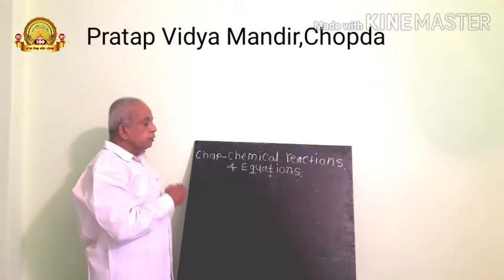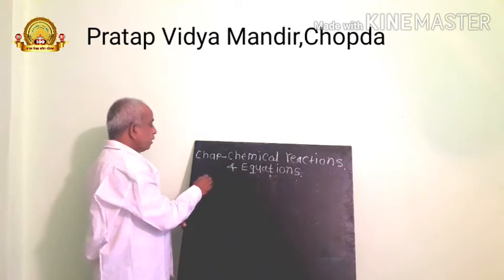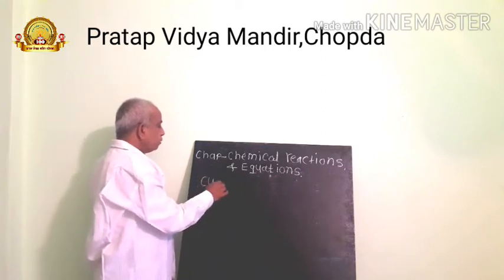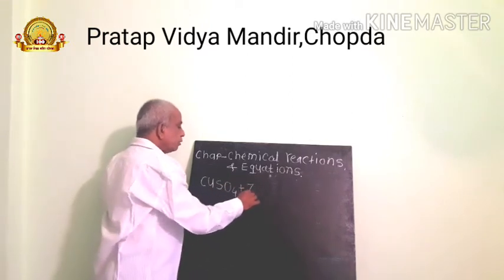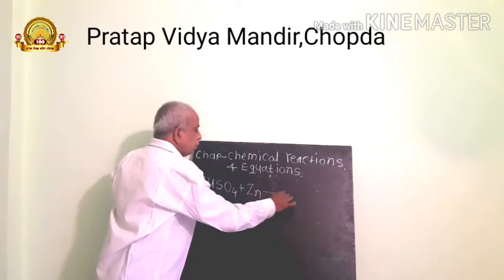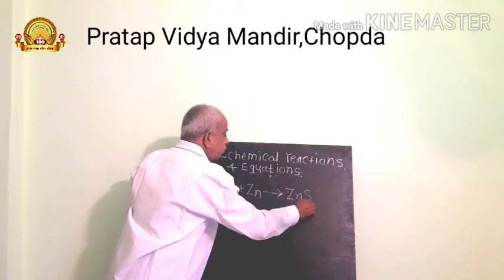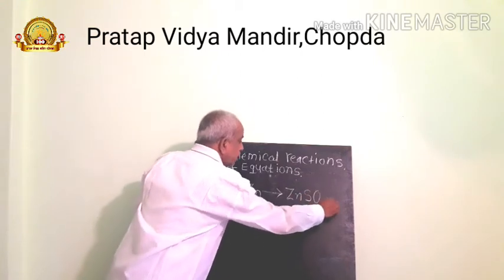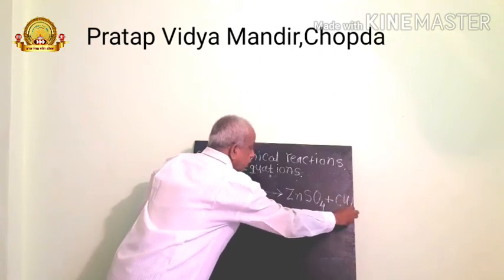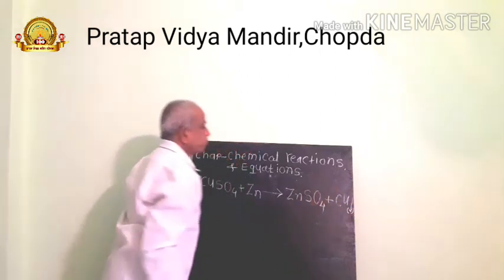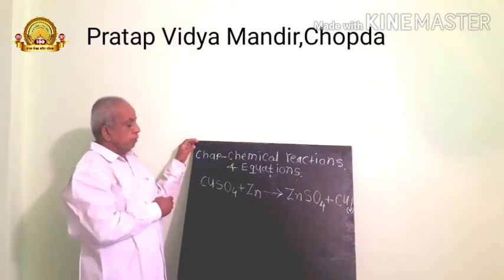Now, to learn this point, consider the reaction between copper sulfate solution, CuSO4, and zinc. It gives zinc sulfate plus copper. Now here, copper sulfate solution is blue in color.